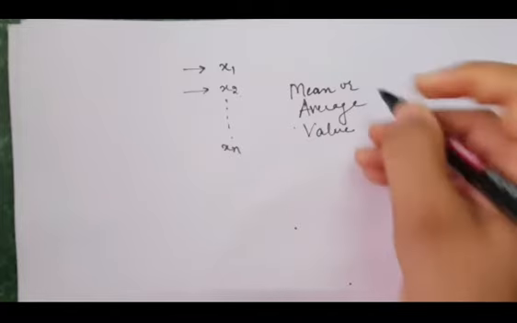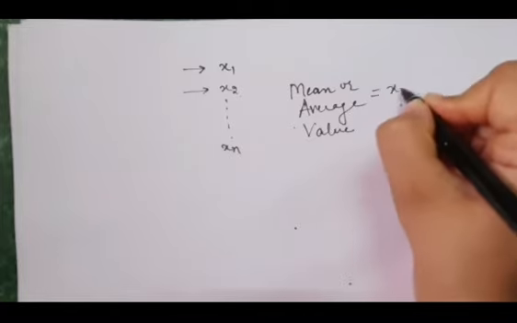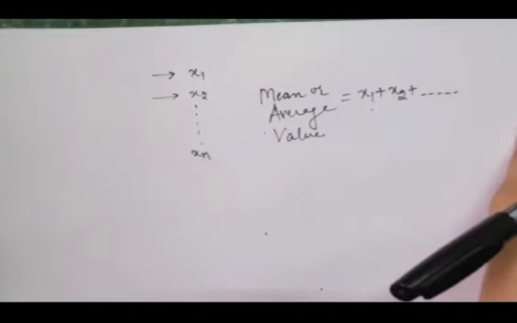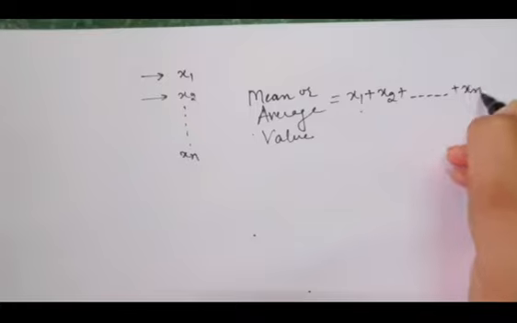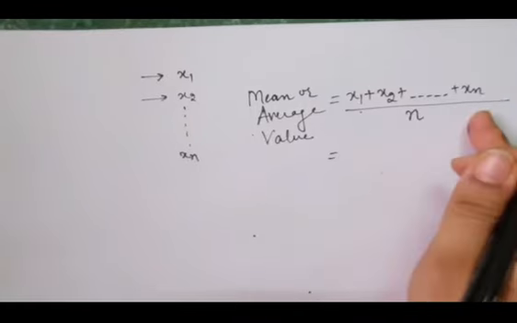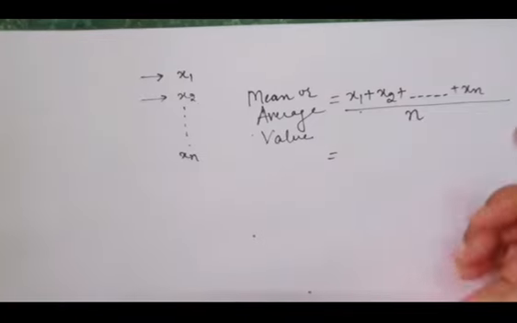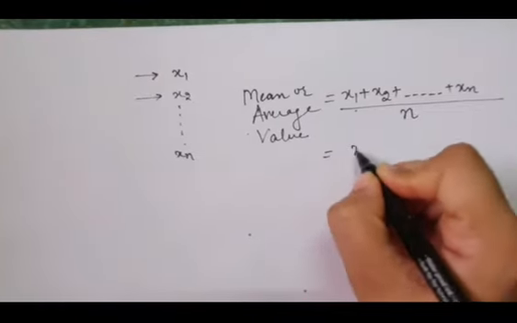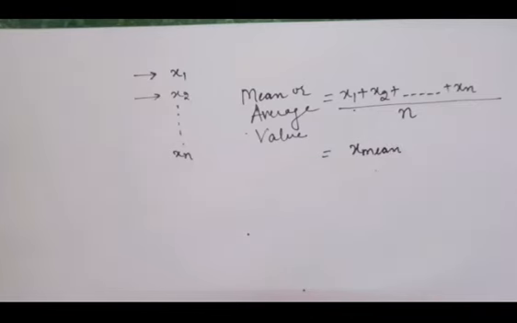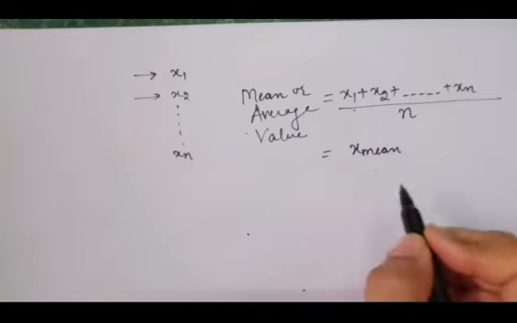The average value is the summation of all these calculated values divided by the number of times that you have taken these values. So this will be the mean value: addition of all the values divided by the number of values.